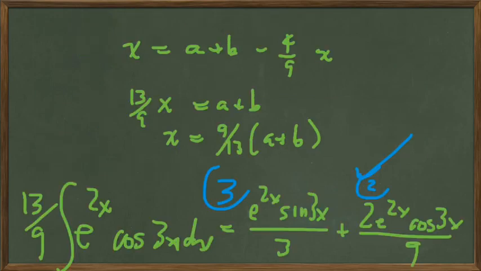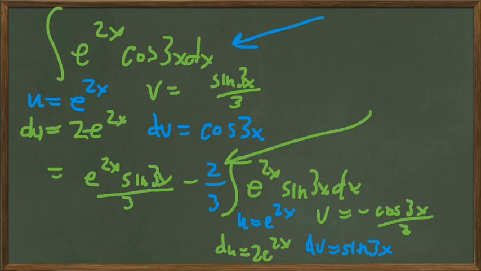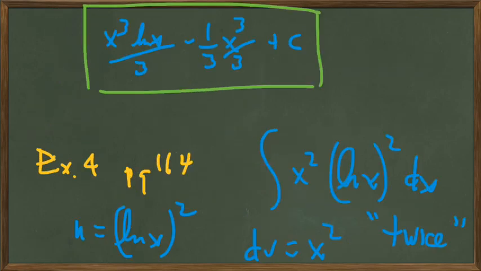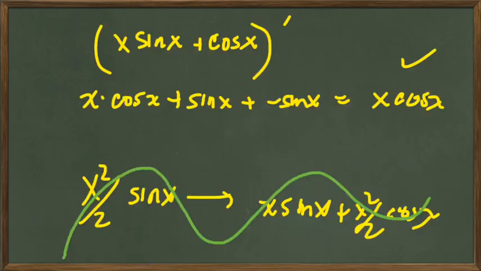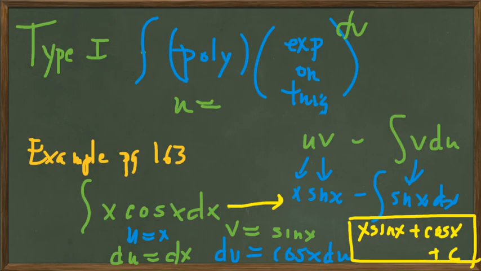So we've done 3 integration by parts of 3 different types. Let's just quickly go back and review the types. First type, we had a polynomial times an exponential or trig function. In that case, u is always the polynomial, and dv is always the trig or the exponential.